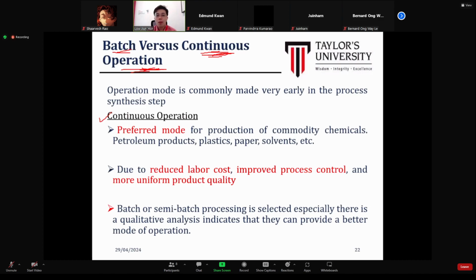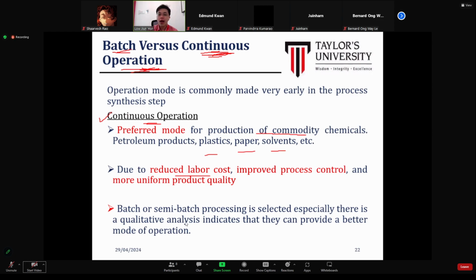Normally this mode is applied if we want to produce common products or common chemicals, for example plastic, paper, and common chemical solvents. If we apply continuous operation, the impact on our design is that it can reduce the labor cost. Labor cost means the manpower needed to operate the chemical plant will become cheaper.